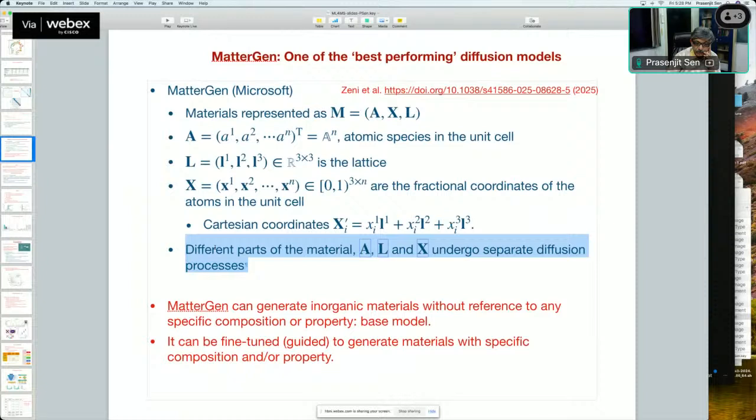It's a diffusion model, but different parts of the material's representation, A, L, and X, undergo separate diffusion processes, because these are inherently slightly different quantities. A you can represent by numbers, the atomic identities by atomic numbers. L is just vectors, and X are fractional coordinates, but they have this inherent periodicity. So these are treated separately.